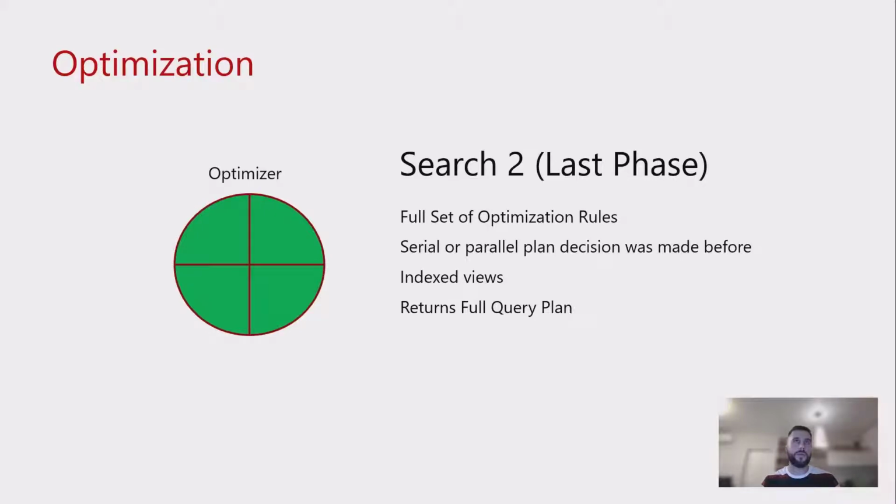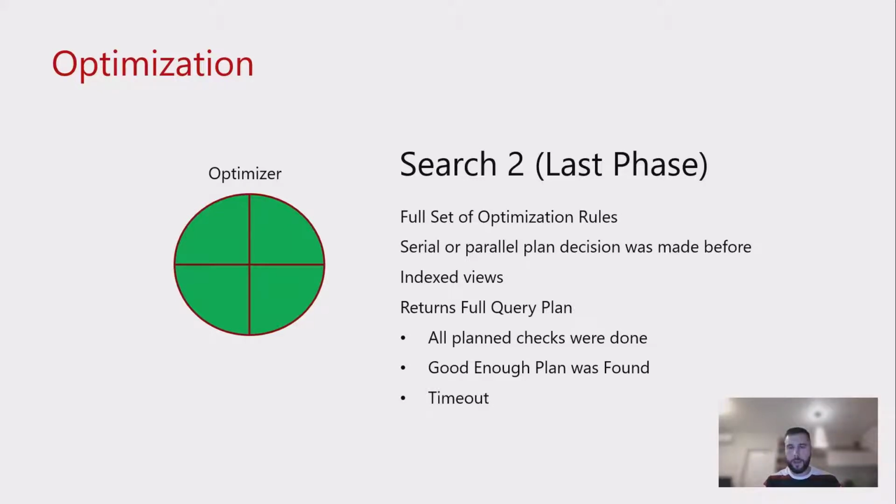But there can be several reasons for returning the plan. First one, all plan checks were done, so in this case we are probably getting the best query plan possible. Second one, called good enough plan found, means that the plan satisfies the internal criteria for plan cost, but not all checks were done. Third one is timeout.